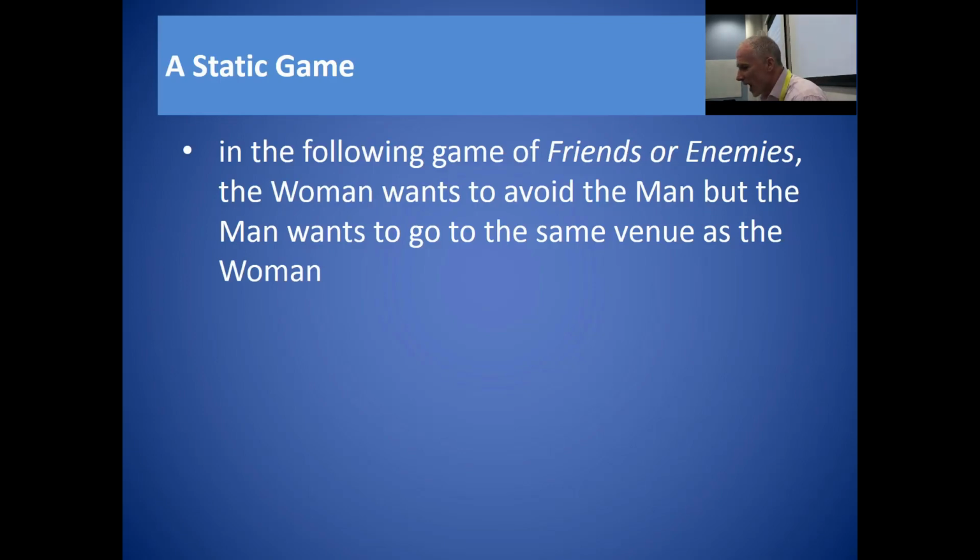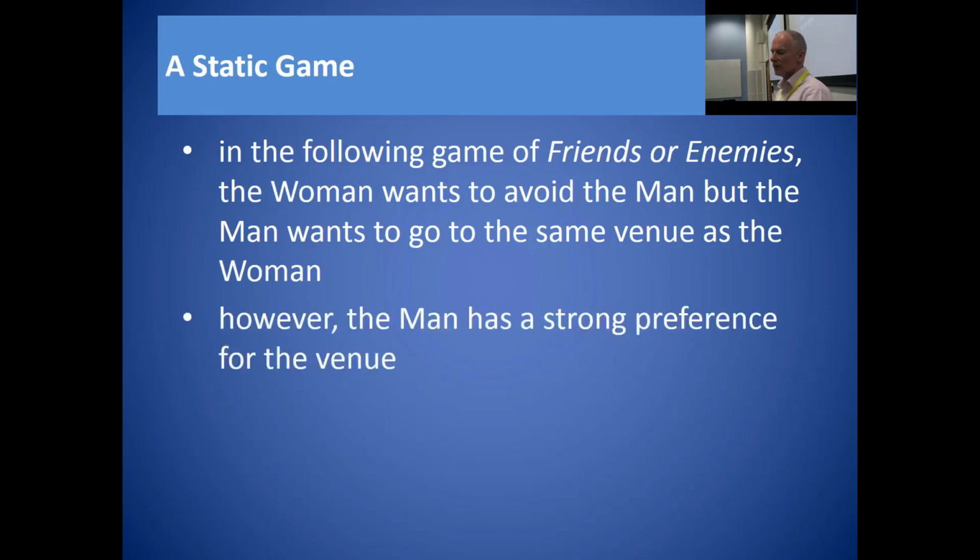But the woman absolutely doesn't want to go to the same place as the man. She absolutely wants to avoid it. However, the man would rather go to the same venue as the woman. But the crucial aspect of this game is that the man has a strong preference for venue.